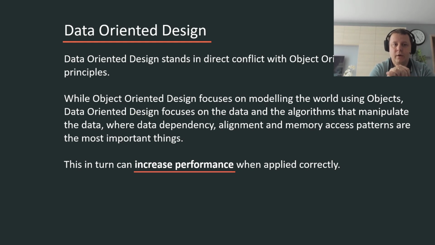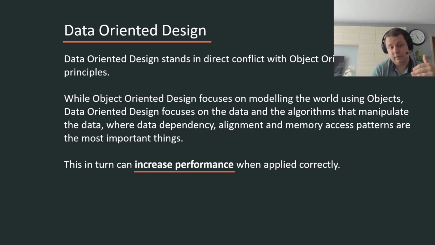But data-oriented design will mostly not have that at all. The data-oriented approach is more focused on algorithms and how these algorithms access, change, update and manipulate the data in general. So things like data dependencies, data access patterns, data alignment, and the algorithm itself are the most important things, not so much the relationships between different objects.